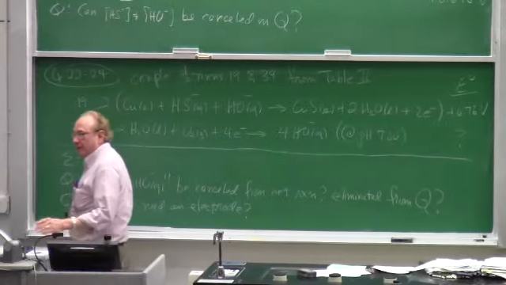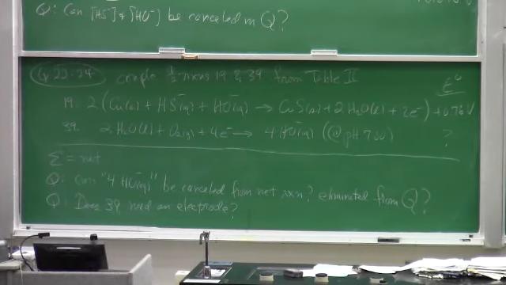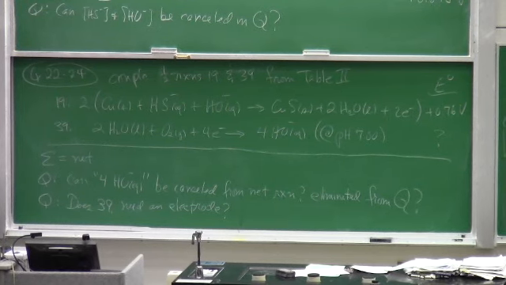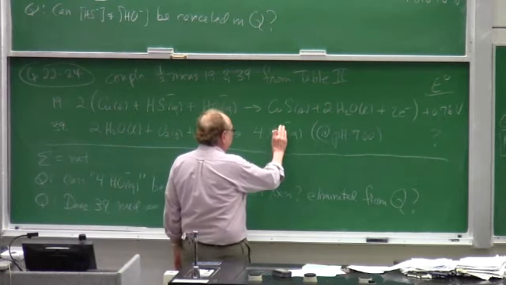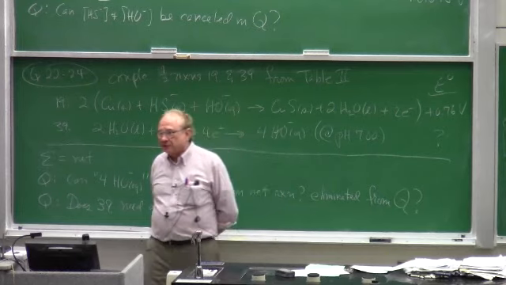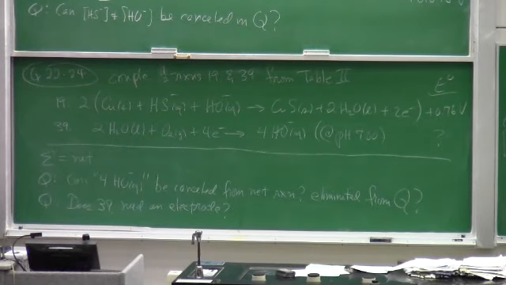Question 22-24. Open up table 2. Look at half reactions 19 and 39. Tell me what you see to be interesting, or perhaps you would wish to say unusual, about half reaction 39.